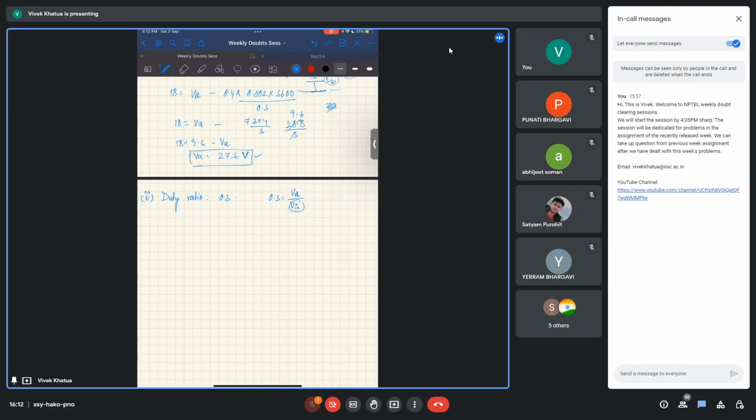In your lecture this is referred to as VG, so let's keep it that way. 0.3 equals 27.6 divided by VG, and then VG will be 27.6 divided by 0.3. This is divisible by 3, 9 into 3.